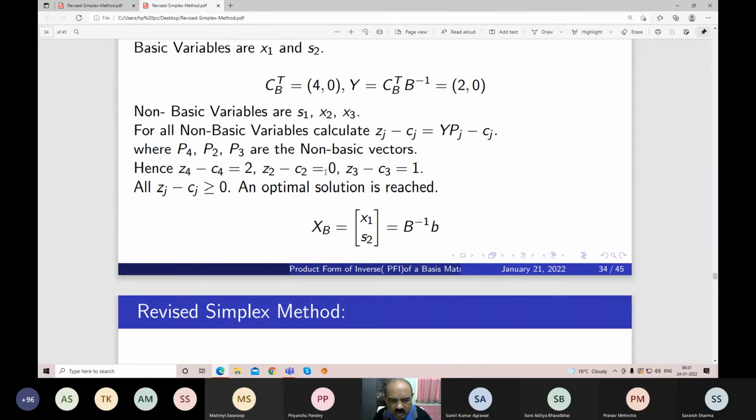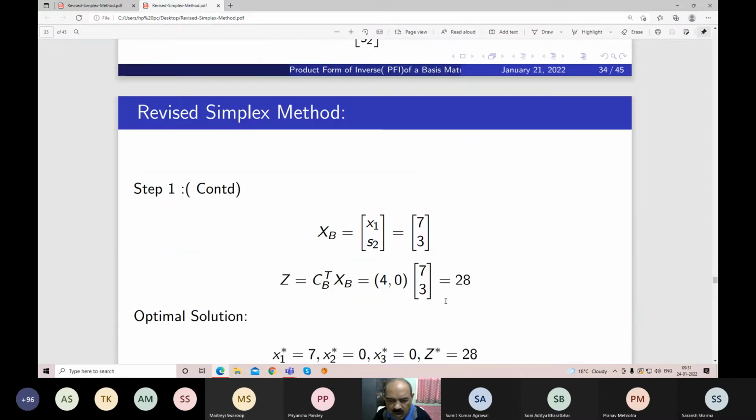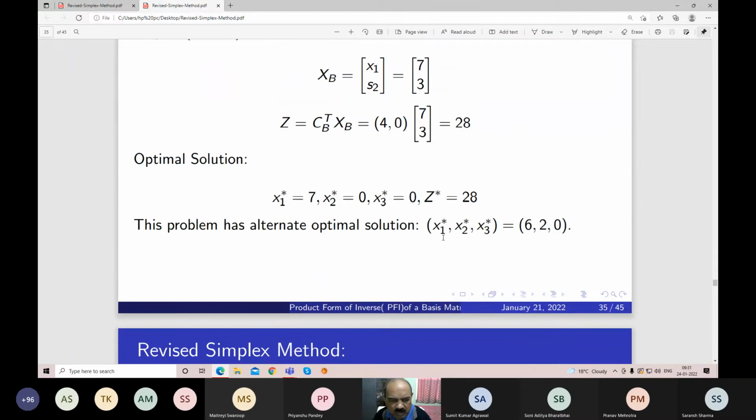Our alternate optimal solution is like this: x1 equal to 6, x2 equal to 2, and with respect to 6 and 2, our objective function value is also 28.